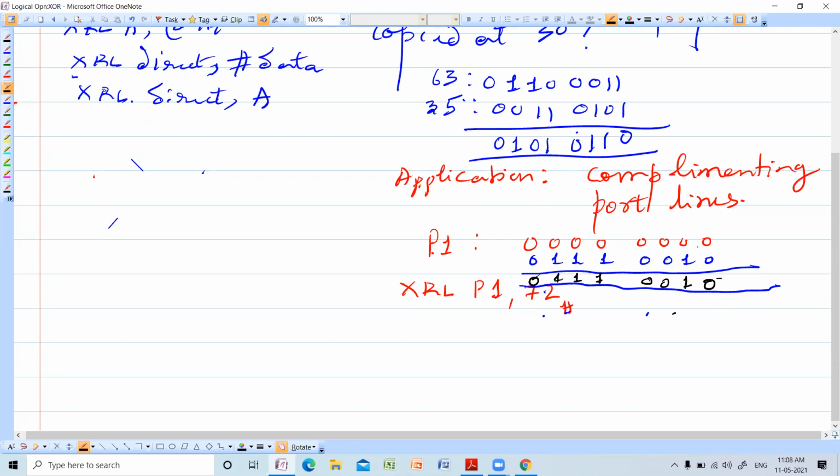You observe, wherever I have put 1 in 72 in my XRL P1 operation, in that position the lines of port 1 are complemented. Port 1 was 0, you got 1. Suppose port 1 is 1010 1100. This is port 1.